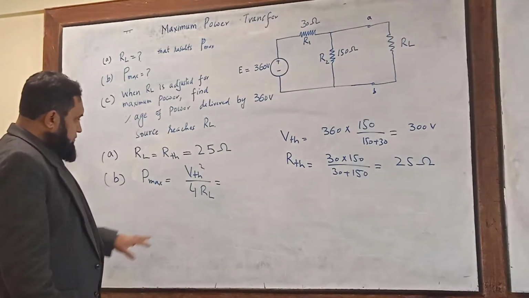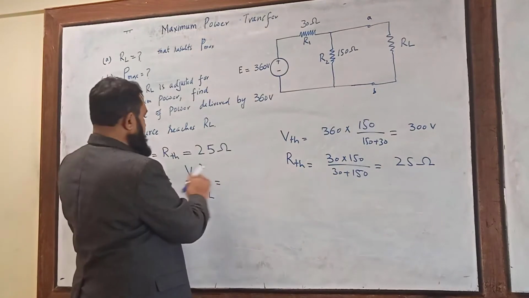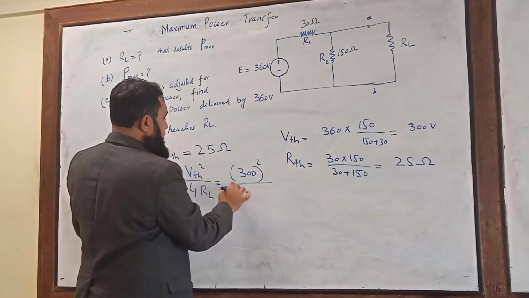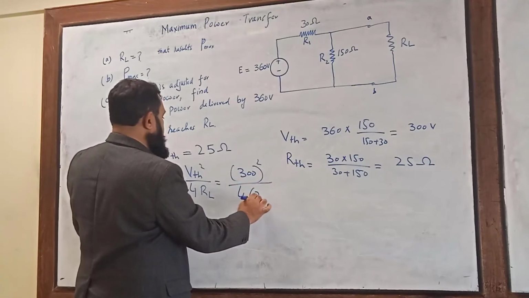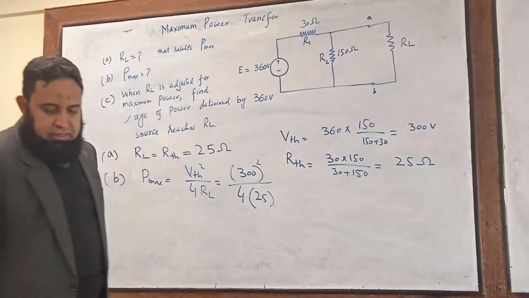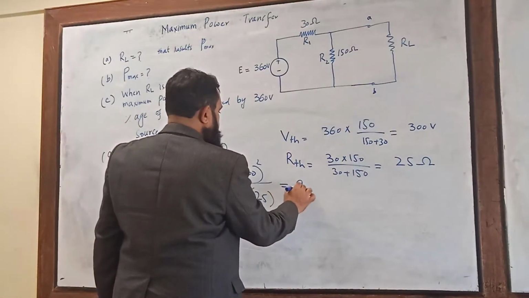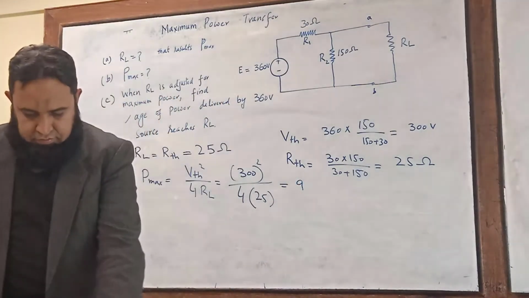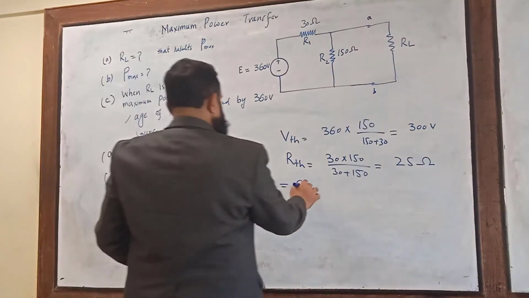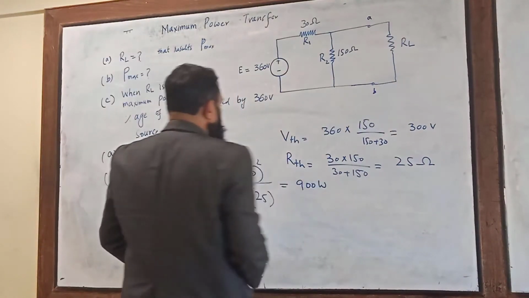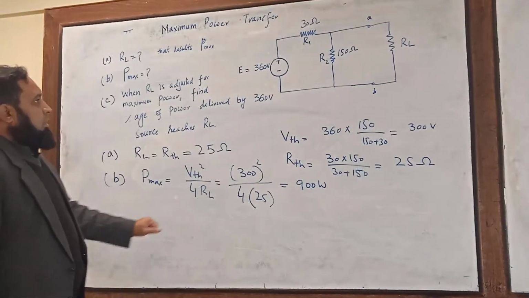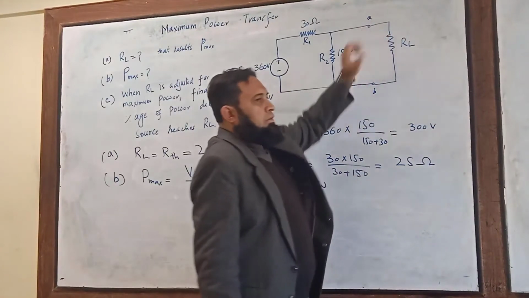So we have to use this formula. 300 squared and 4 times 25 ohm. So the maximum power is equal to 900 watt. So this is the maximum power received here.